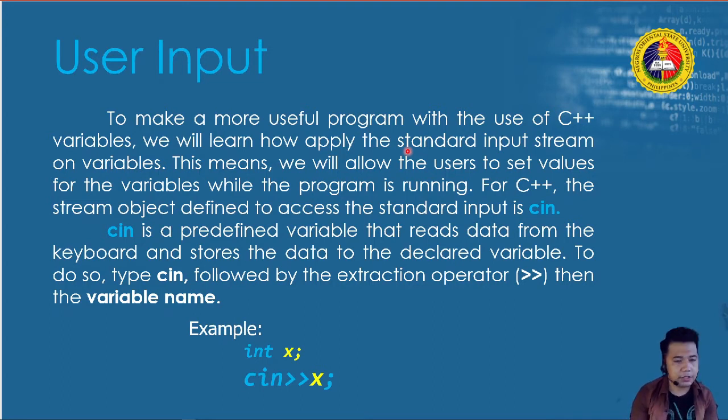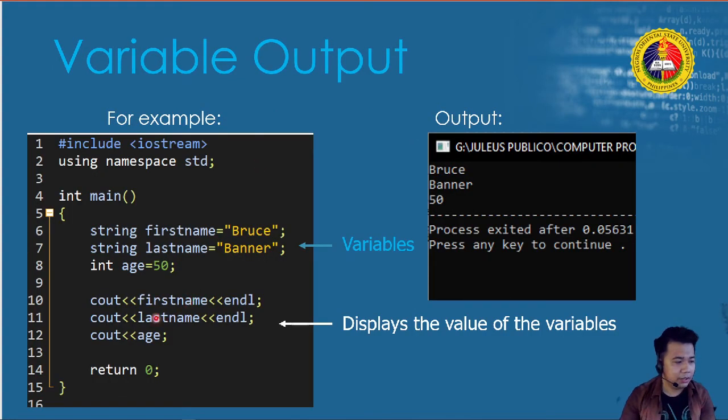To do so, we just have to type cin followed by the extraction operator, which is the close angle brackets. If you can remember, previously our output operator was the open angle brackets, the bracket pointing to the left.